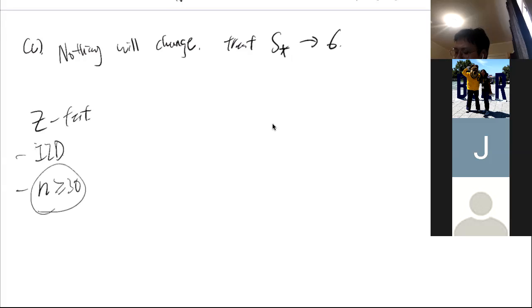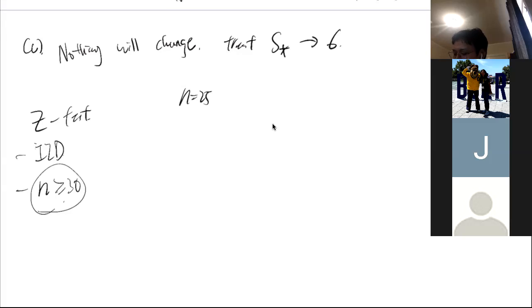But I believe Sylvia asked a question last time about the other problem where n is equal to 25, but we are still doing a z-test. And the reason is that it's not wrong to do a z-test for n equal to 25 or smaller than 30. It just doesn't give you very accurate results in this situation.